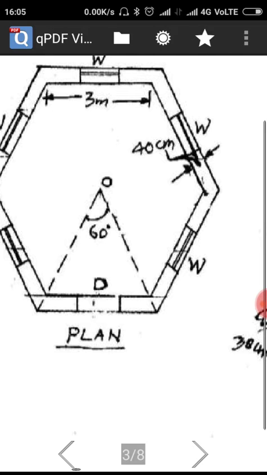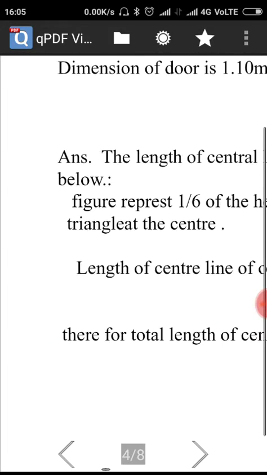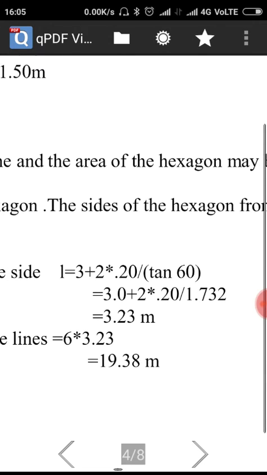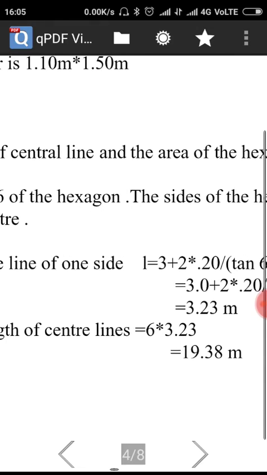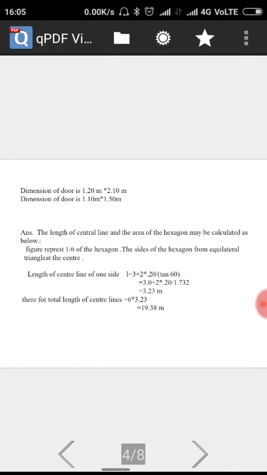The length of center line will be 3 plus 2 into 0.20 divided by tan 60, calculated from this triangle. So the length of center line of one side is equal to 3 plus 2 into 0.20 divided by tan 60, that is equal to 3.23 meter for one portion of the hexagonal part.